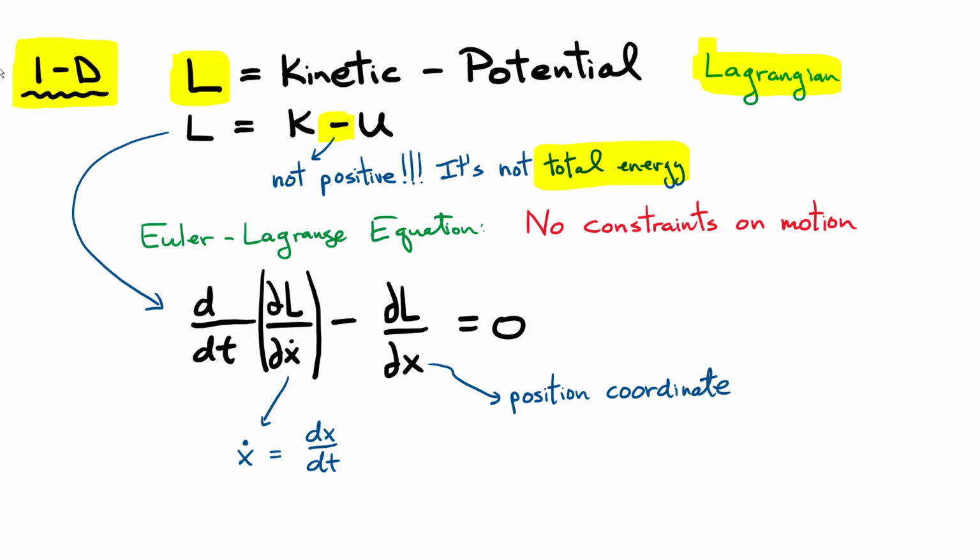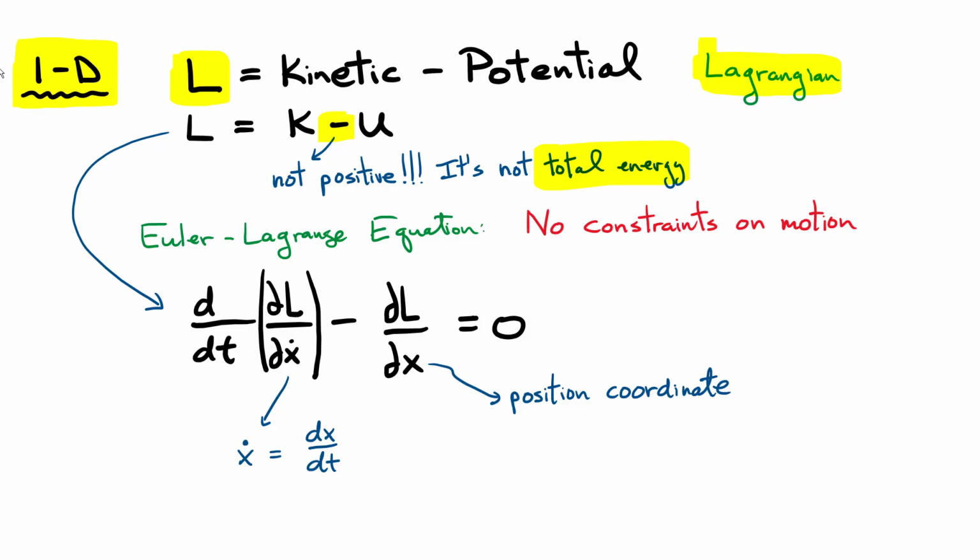Whenever you see this for any kind of Lagrange problem, the dot simply means the derivative of that variable with respect to time, and that's it. This Euler-Lagrange equation also involves taking the partial derivative of the Lagrangian with respect to any position coordinate that you might have in this definition. You'll see what I mean by this in just a moment.